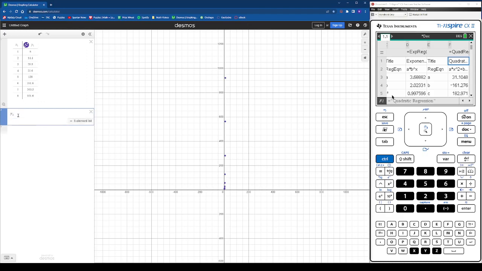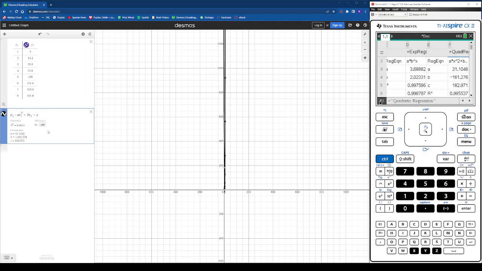We're going to do y1 is about, and we're going to put ax1 squared plus bx1 plus c, and I get, notice there's no log button, so I just get the same values. 31.1 is a, negative 161 is b, 182 or 183 if we round is c, and then r squared is 0.9855. So we're getting the exact same values from the calculator.